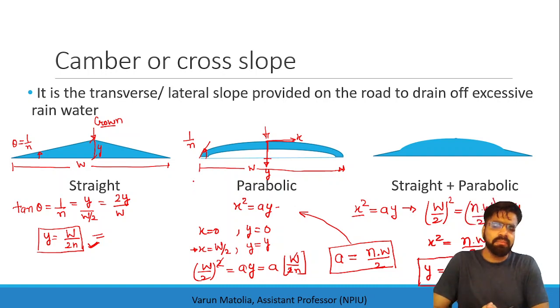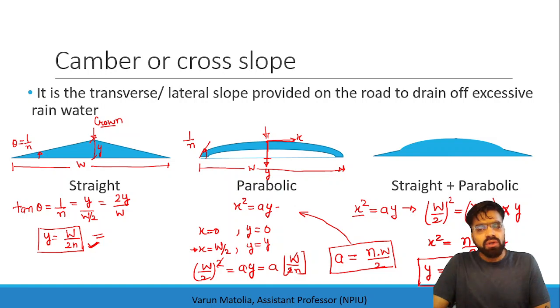The straight line camber is provided in CC roads because providing a curve is a bit difficult. But when there are fast moving vehicles, there is a tendency to cross this crown, and they will have a problem in crossing it. There will be dismantling or wear and tear of tires if they cross the crown very often.